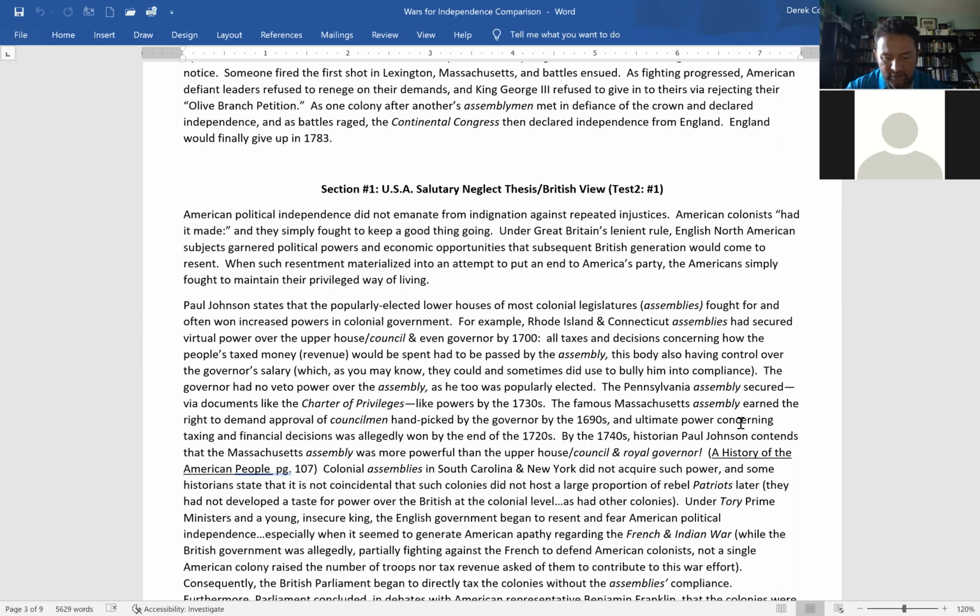For instance, you have the rights of Englishmen that began to evolve from at least probably the 1300s, arguably, in England, and those rights began to be acquired piecemeal, as far as their political protection rights.